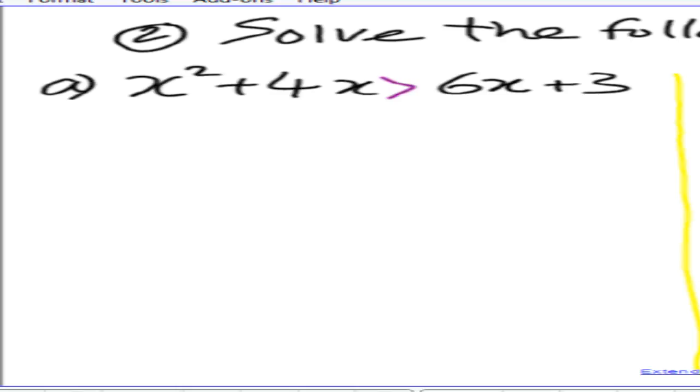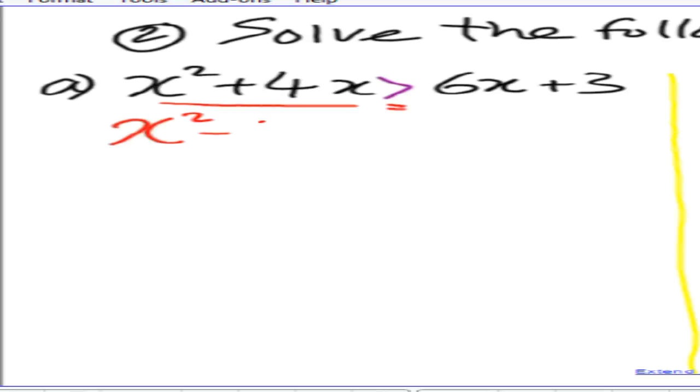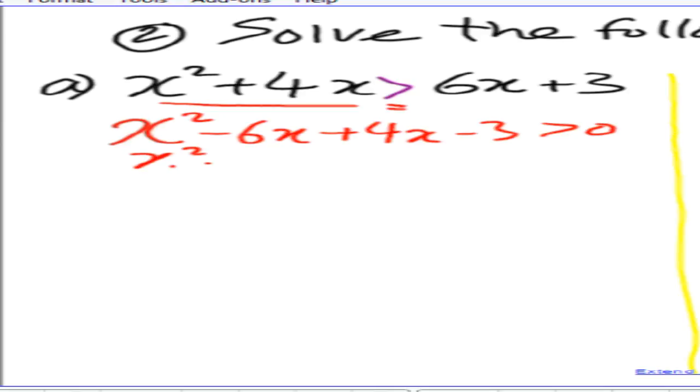Here are two more inequalities. Here is x squared plus 4x is larger than 6x plus 3. So x squared minus 6x plus 4x minus 3 is larger than 0, or x squared minus 2x minus 3 is larger than 0.